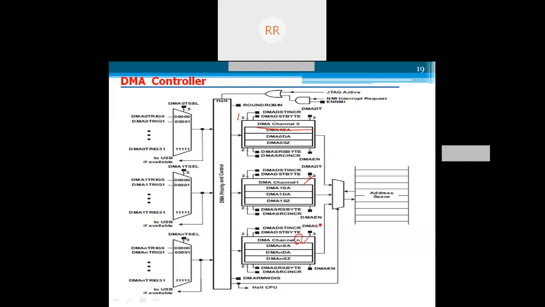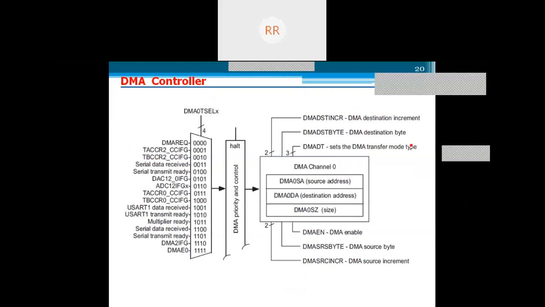In our MSP430 series processor, we have three DMA channels. Each and every channel has the same operation. We'll study in detail one particular channel, and that applies to all the remaining channels. We'll see a single unit now.